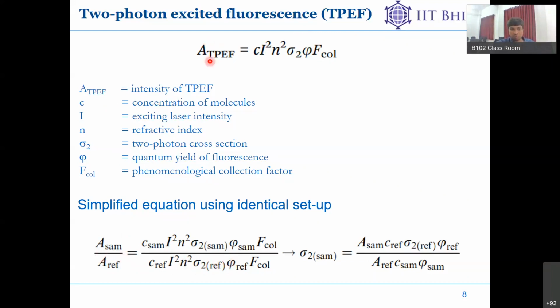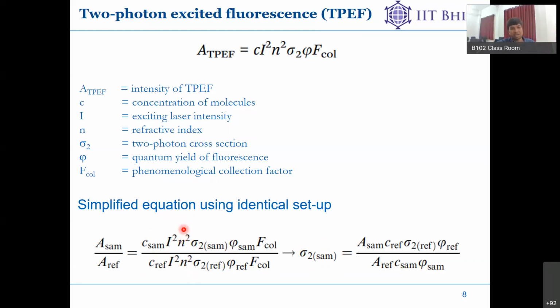So if you measure the 2PEF intensity for the sample as well as the reference, it is easy to calculate the sigma 2 of the sample. Why? Because the concentrations are going to cancel out, since we are using the same reference sample, and the intensity of the excitation is the same.